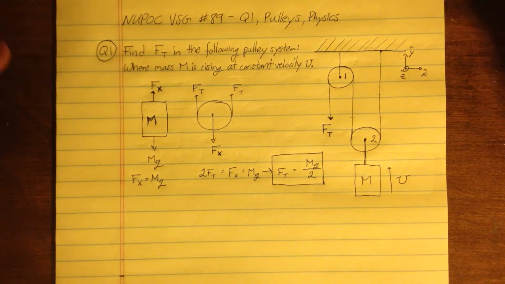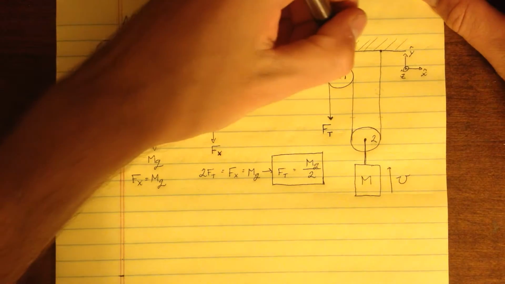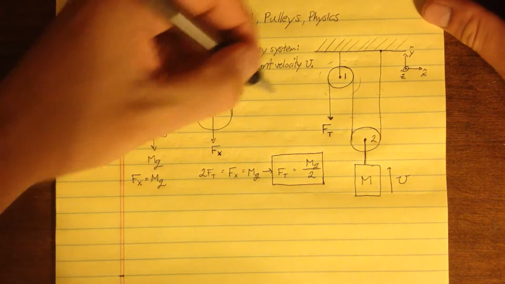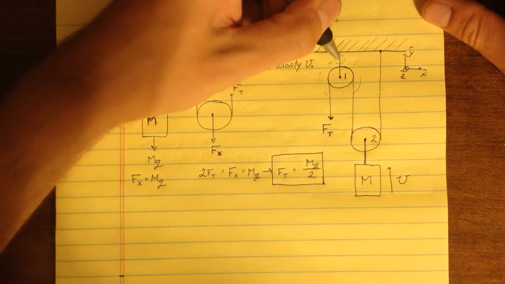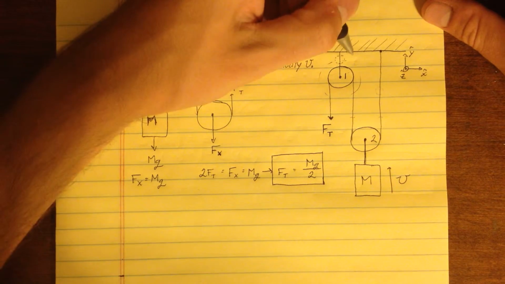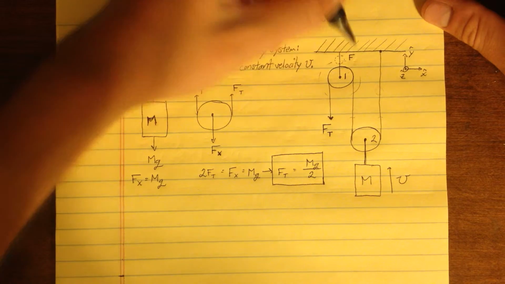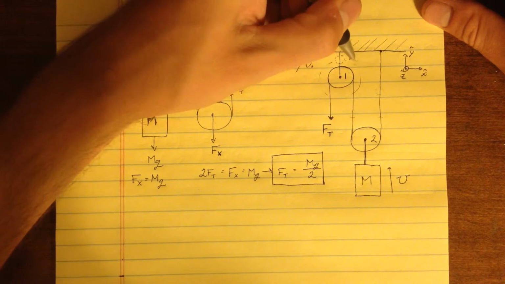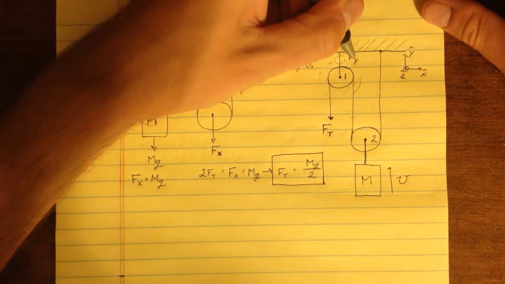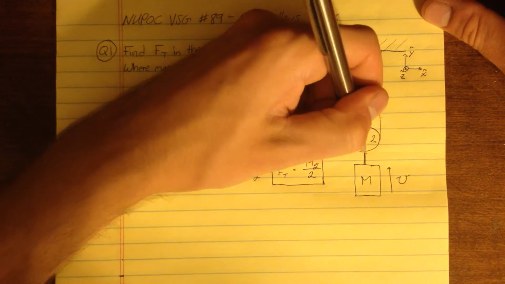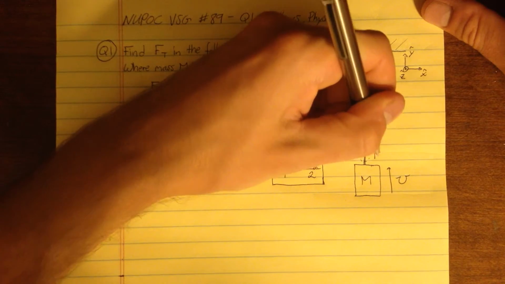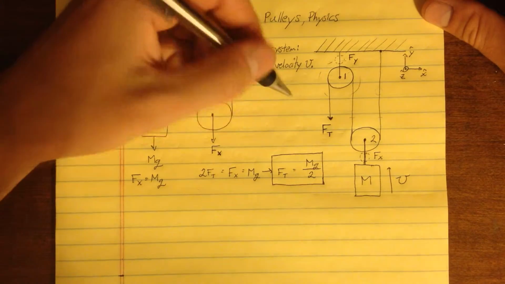Now if we wanted to analyze pulley 1, that would be if we wanted to look at what the force is in this connection right here. Let's call that Fy. And remember we call this force Fx. I just want to make sure we write it on the diagram.